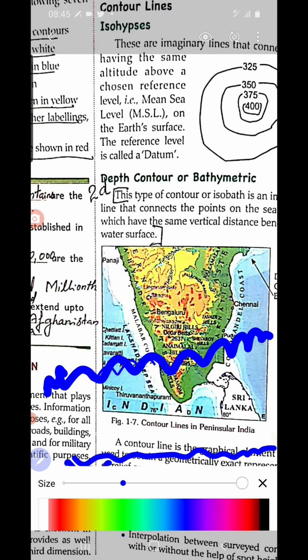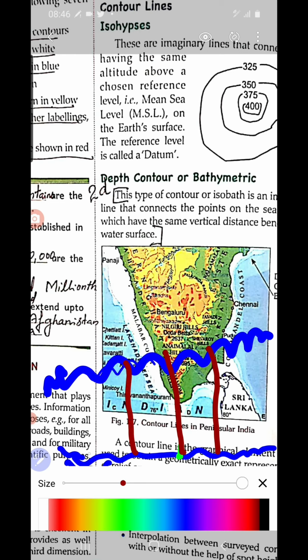How will you measure the depth of an ocean? Suppose this is the bottom plane. There are some contour lines used from here to here to measure the depth of the ocean.